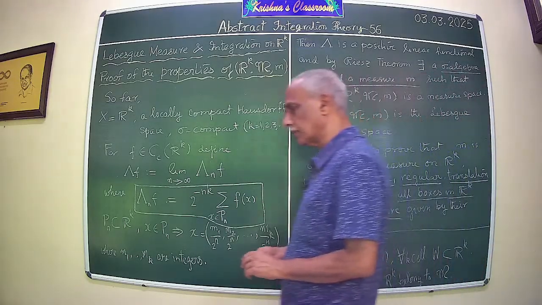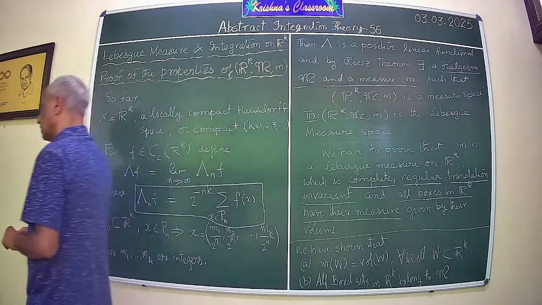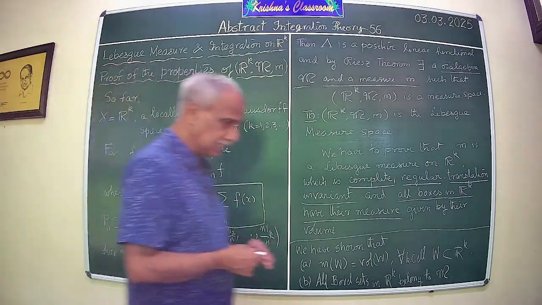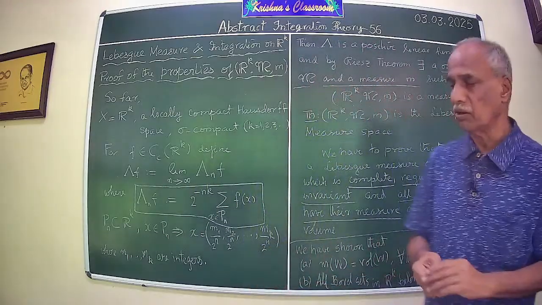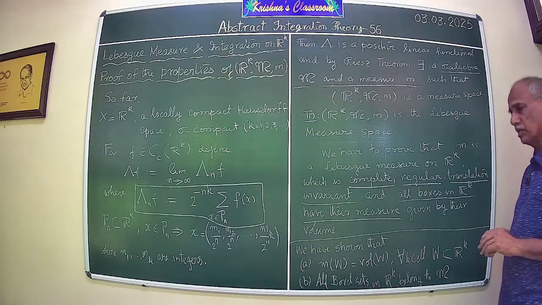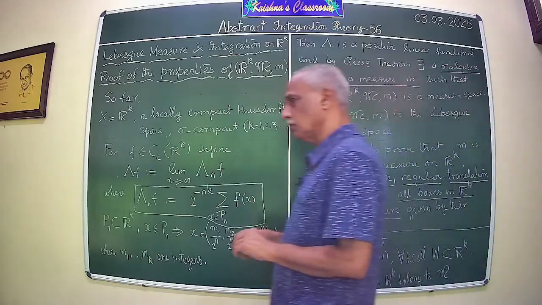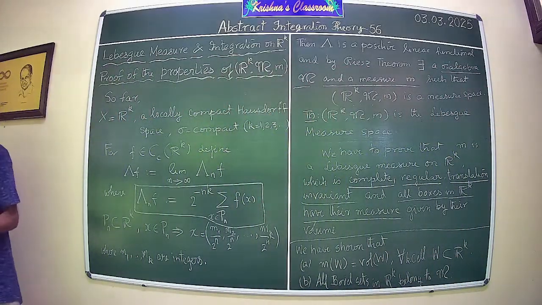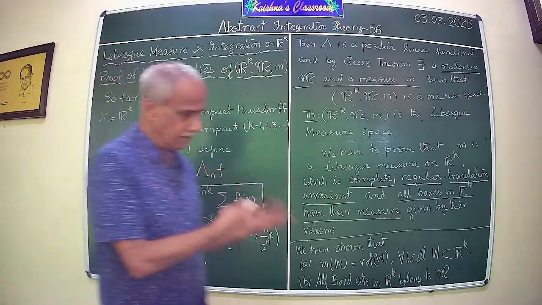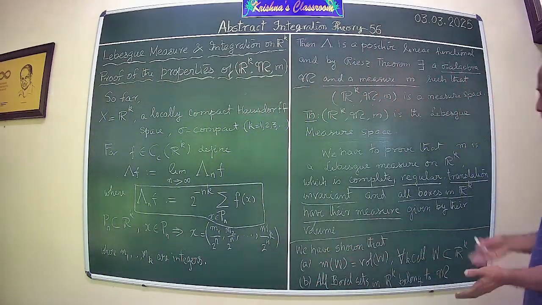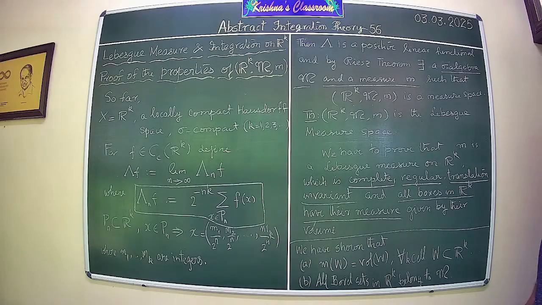Then there are two other properties which we shall describe, more general results. Instead of translation, we will also look at what happens if you apply a linear transformation to the measurable set. That we will do towards the end of the proof of the theorem.